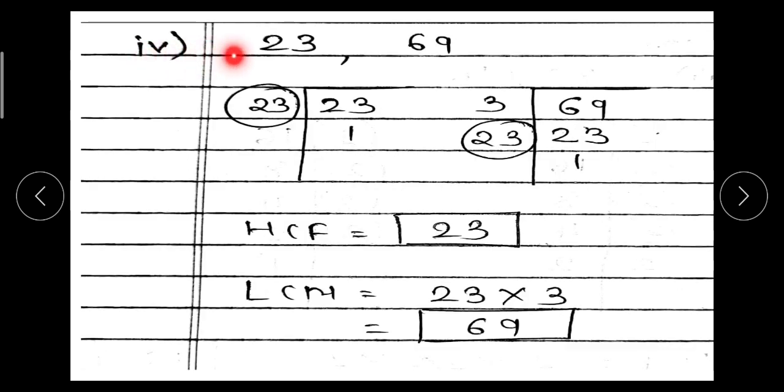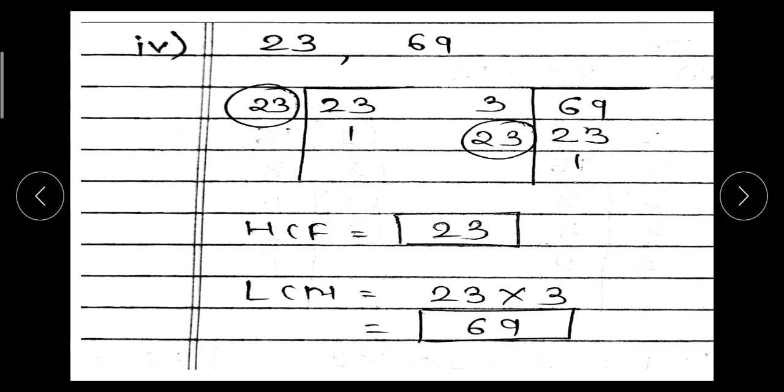Question number 4. 23 and 69. Factors of 23 are 23 ones are 23. Factors of 69 are 3 23s are 69. 23 ones are 23. HCF.